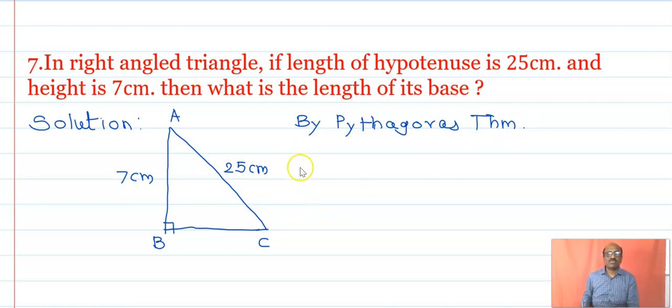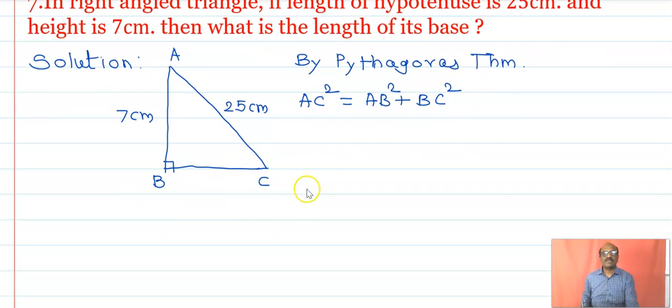By Pythagoras theorem, AC square is equal to AB square plus BC square. Now what is here? That is 25 square is equal to AB is 7 square plus BC square.